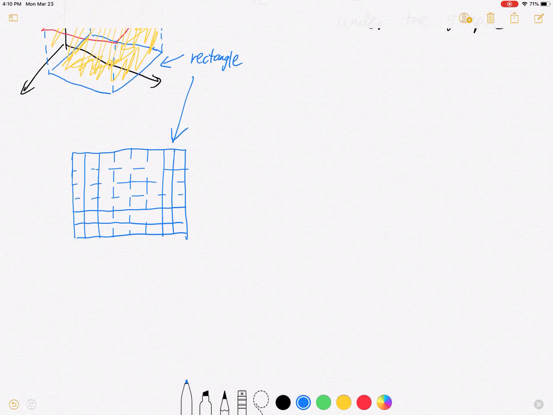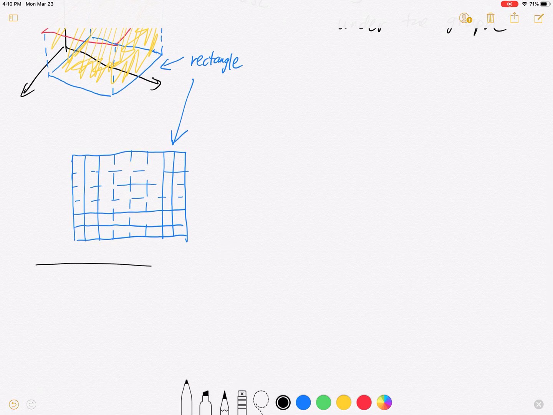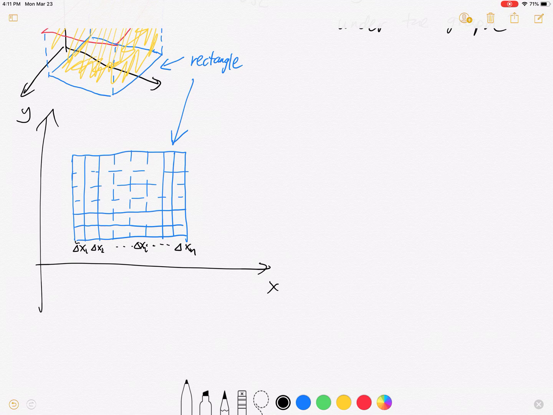Since you have x and y as coordinates for the base, then you may have delta x1, delta x2, delta xi, delta xn for the size of each small rectangle along the x-axis, and then delta y1, delta y2, delta ym, delta yj.